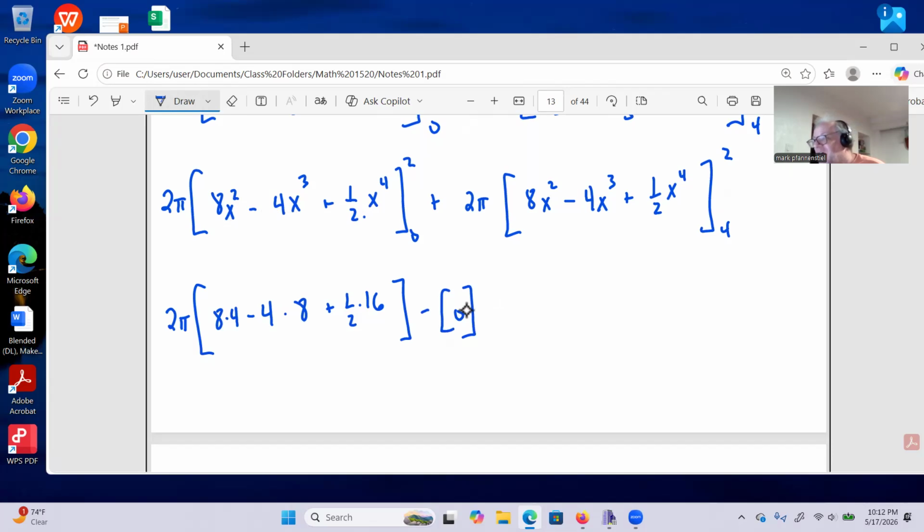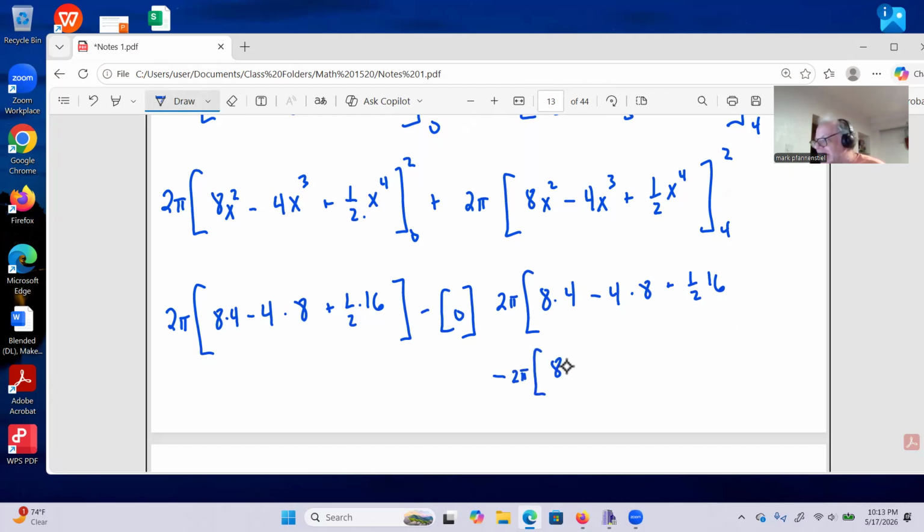The second integral isn't going to be quite so nice. Okay, so we have 2 minus 4. So here we have 8 times 2 squared, which is 4, minus 4, 2 cubed is going to be 8, plus 1 half, and then we have 2 to the fourth power, that's going to be 16. Okay, minus, here's my 2π sitting here.